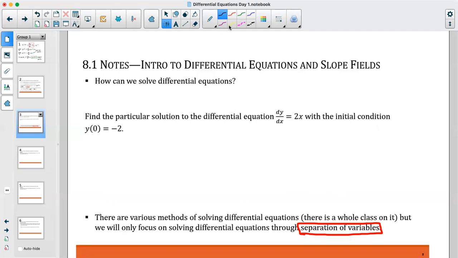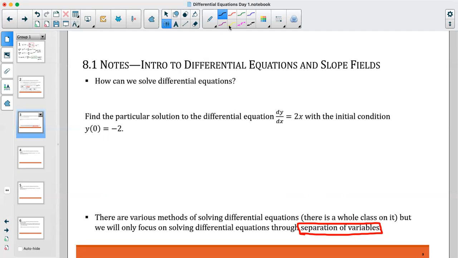Only specific differential equations can be solved this way. There are other ways to solve other ones. And it turns out there's only a very specific couple of types of differential equations that can even be solved at all.